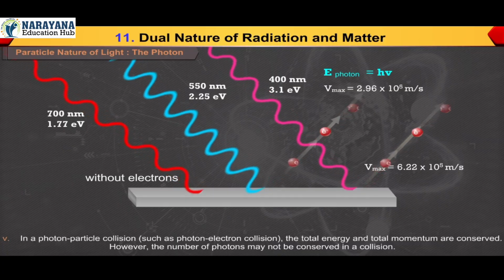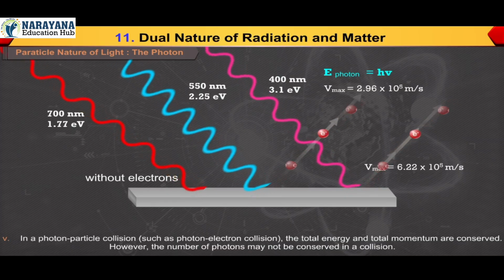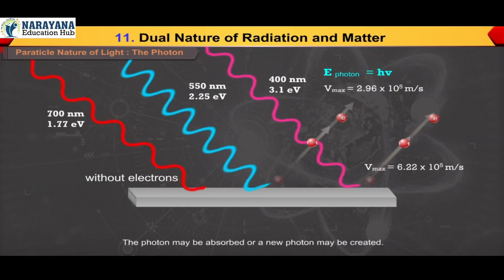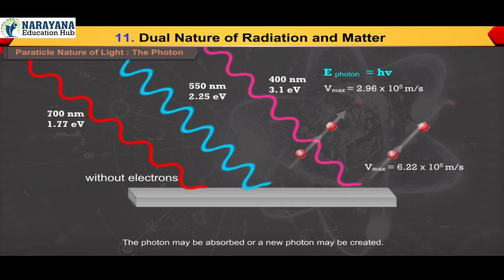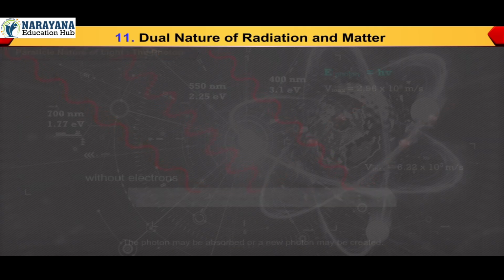Number 5. In a photon-particle collision, such as photon-electron collision, the total energy and total momentum are conserved. However, the number of photons may not be conserved in a collision. The photon may be absorbed or a new photon may be created.